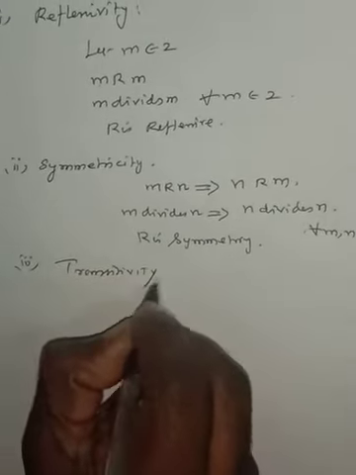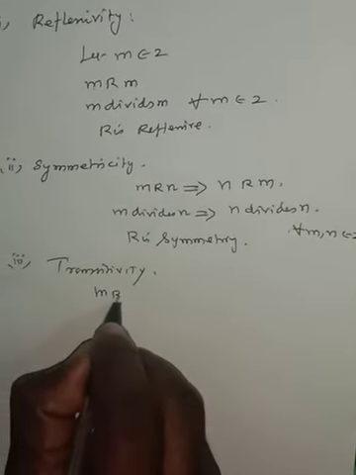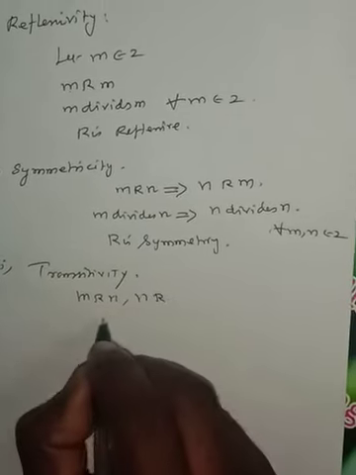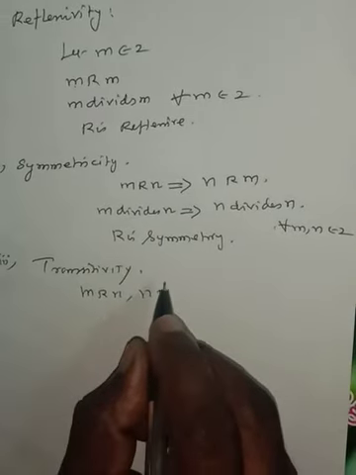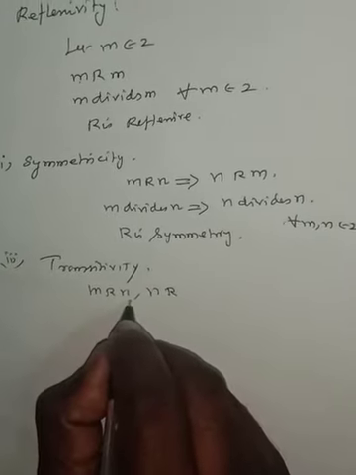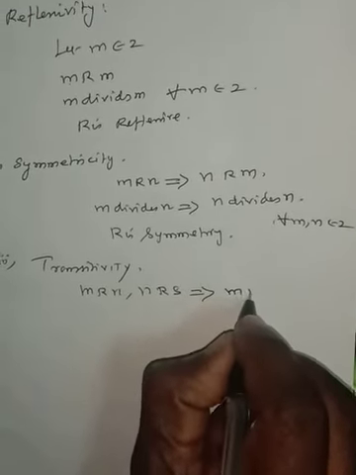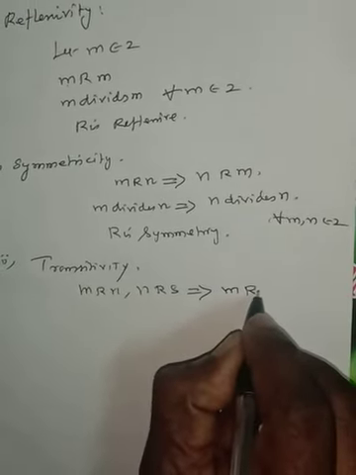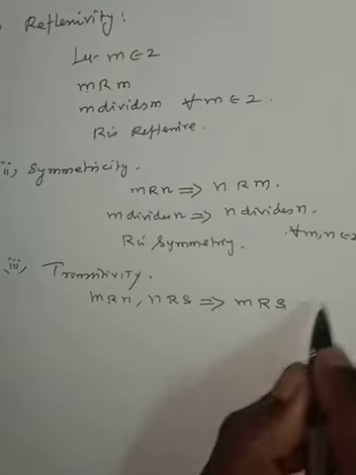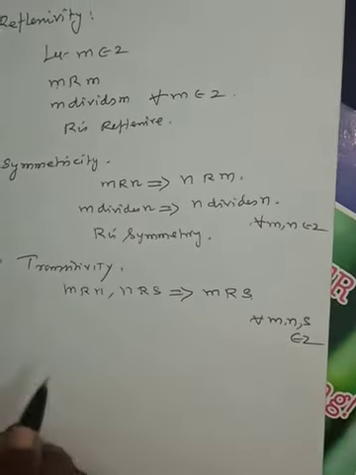Next, transitivity. Let m relation n and n relation s imply m relation s, for all m, n, s belonging to the integers.